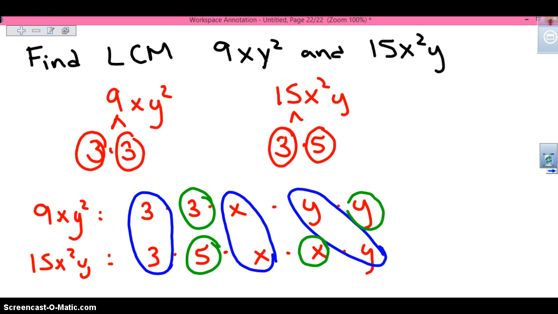To find the least common multiple, we're going to multiply everything they have in common.